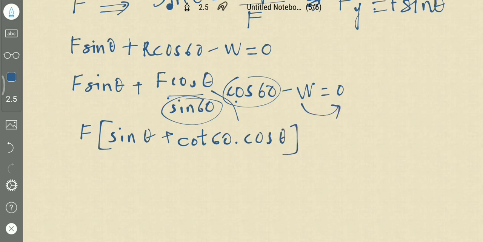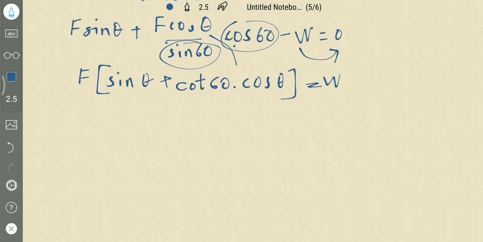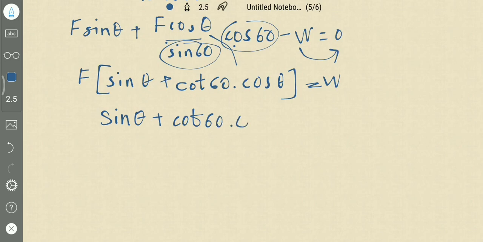This W is sent here, so sin theta plus cot 60 cos theta is equal to W by F.